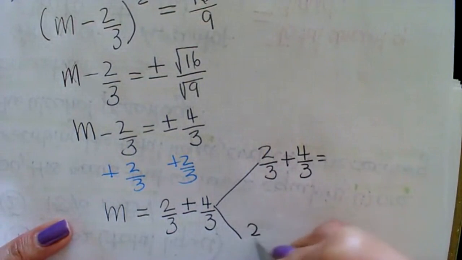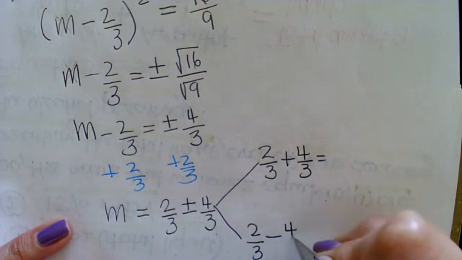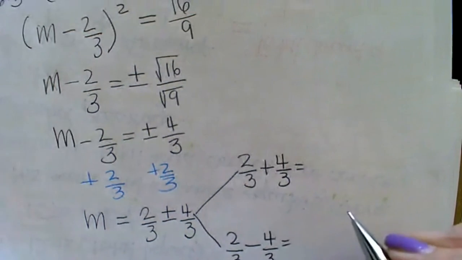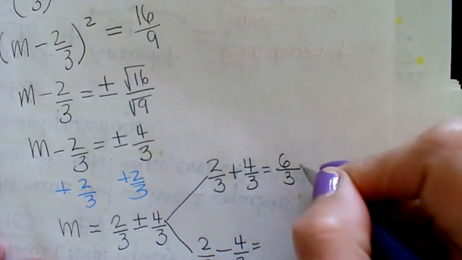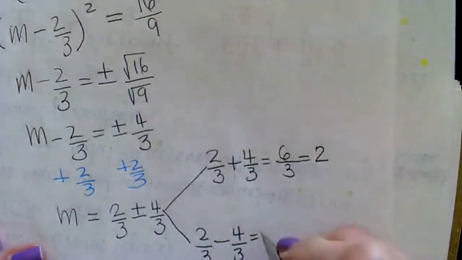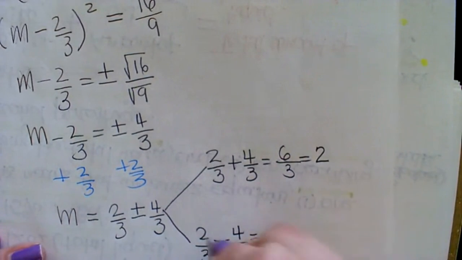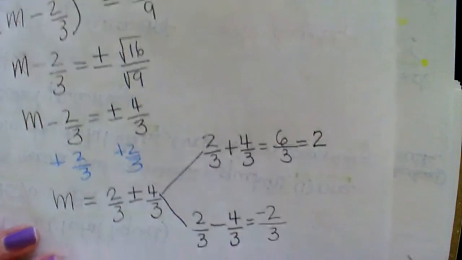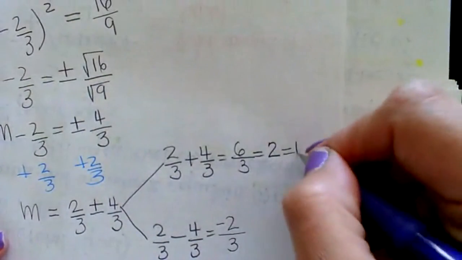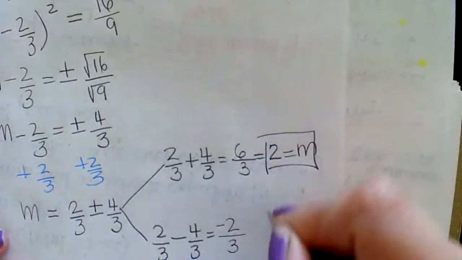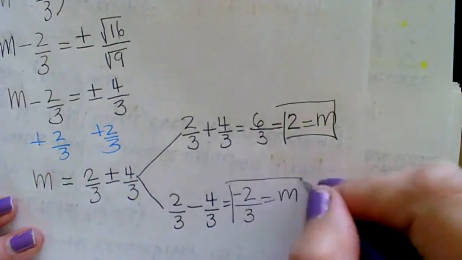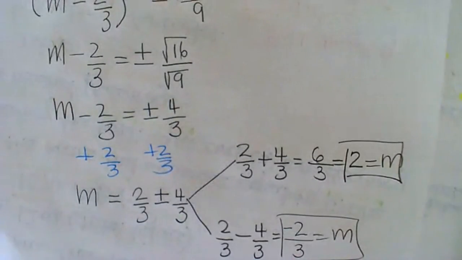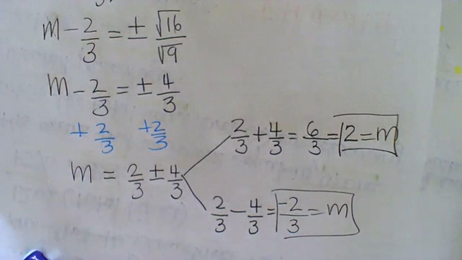You're going to have another answer here, minus 4 over 3. So there's going to be two answers. This is going to be 6 over 3, which we know is 2, and this is going to be negative 2 over 3. So one m is going to be equal to 2, and the other one is going to be equal to negative 2/3. So it's a little bit different, this one. All right.